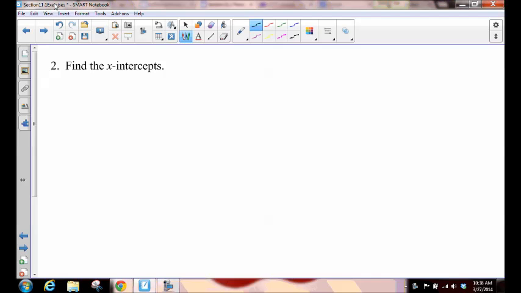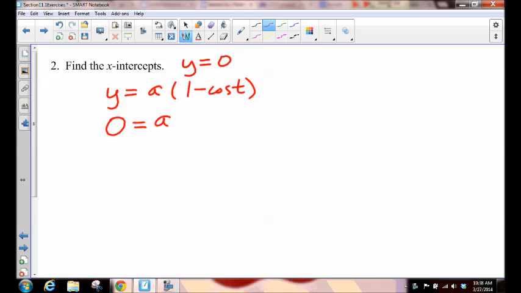Part 2 asks us to find the x-intercepts, and that means that y is going to be equal to 0. So our equation for y is y equals a times (1 minus cosine t), and I'm going to set that equal to 0. I can divide both sides by a because I know that a has to be greater than 0.